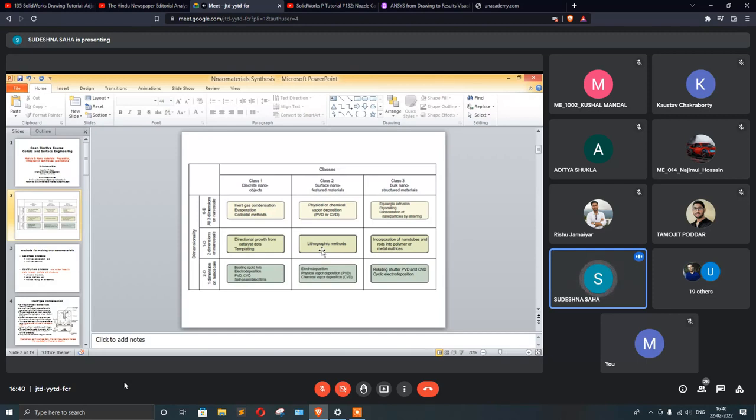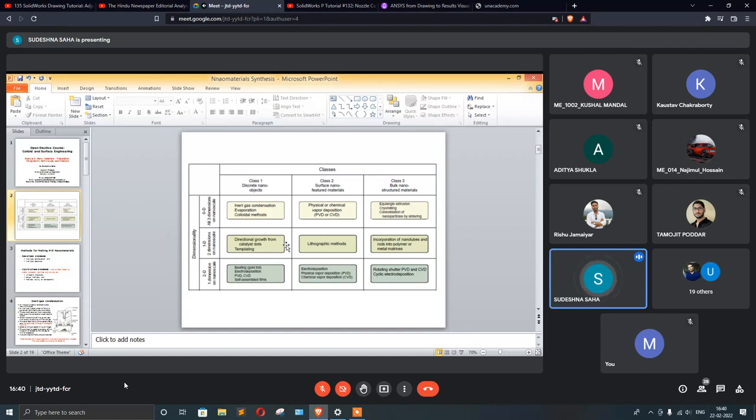The lithographic method is basically used for making electronic microchips or electronic circuits, all these things. We will discuss this technique in much more detail, but not in today's class, in the next class. Other methods we will try to discuss in this class itself.